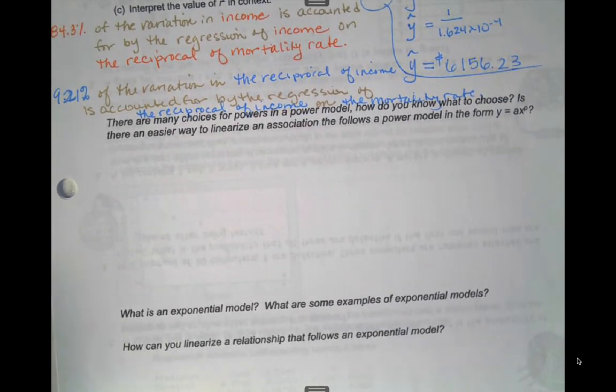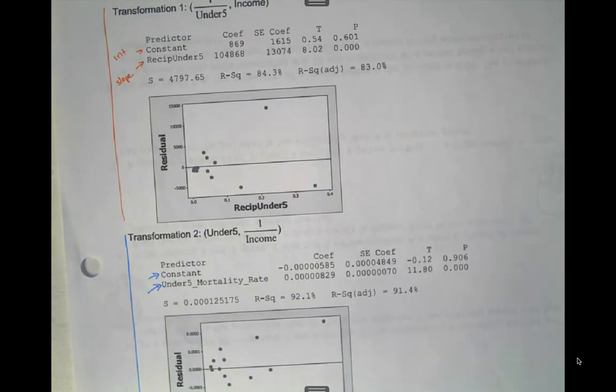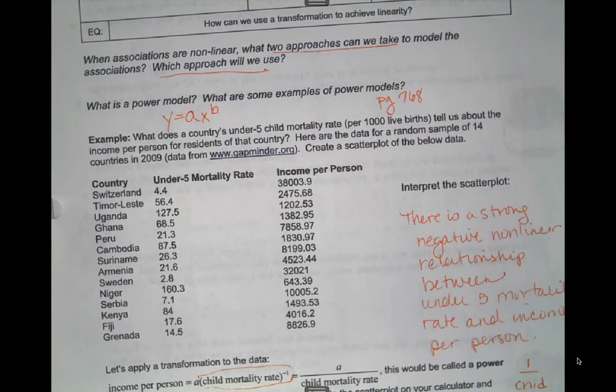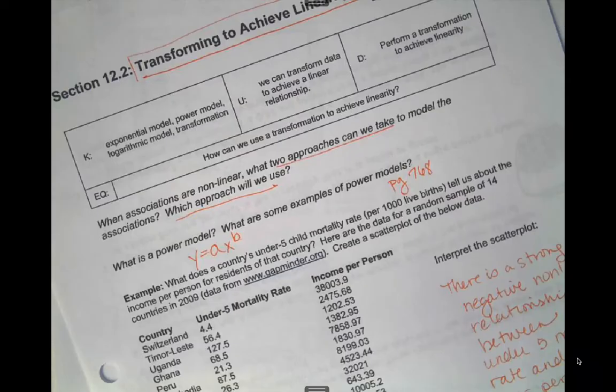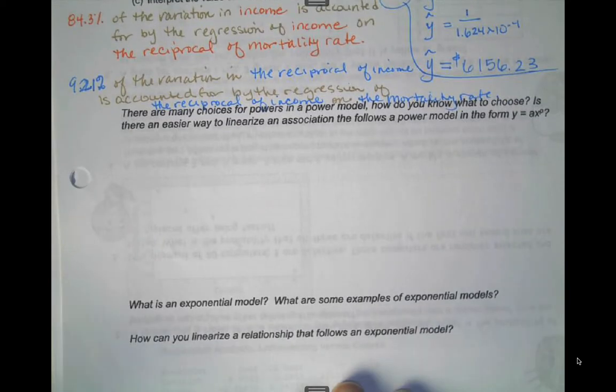The problem with a power relationship is that we have lots of choices. There are lots of different powers that I could choose. In this particular one, we just did the reciprocal, so we just took it to the -1. Another option is maybe I want to square something. That would be raising it to a power. Maybe I want to take a square root. That's raising something to a power. So there are so many different options for powers.